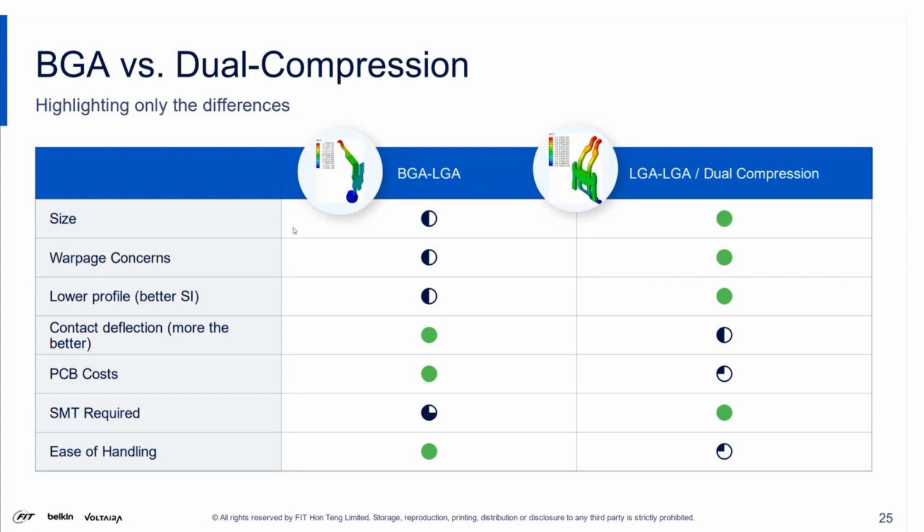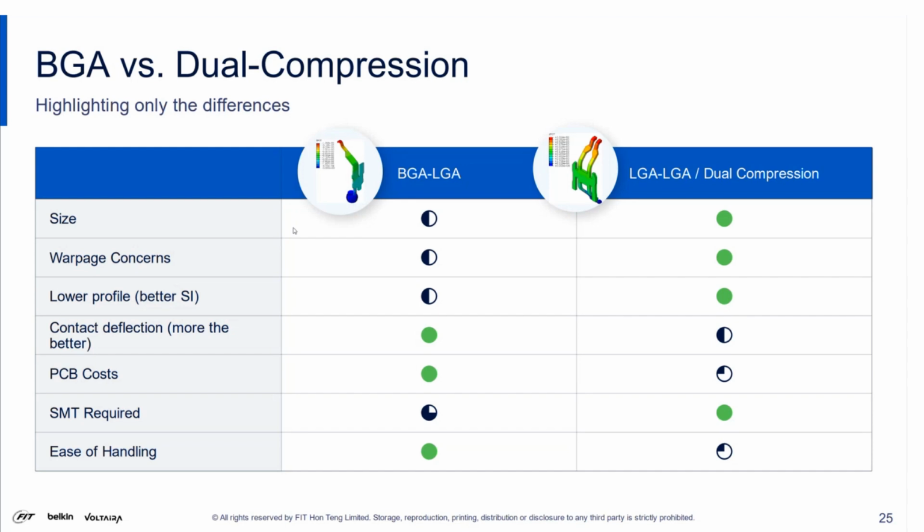So there's no SMT. Ease of handling: for LGA to BGA, the industry has standardized its handling. It's less apt to damage due to the protective cap. Dual compression has a little bit higher risk just because the bottom of the socket contacts are exposed during handling.